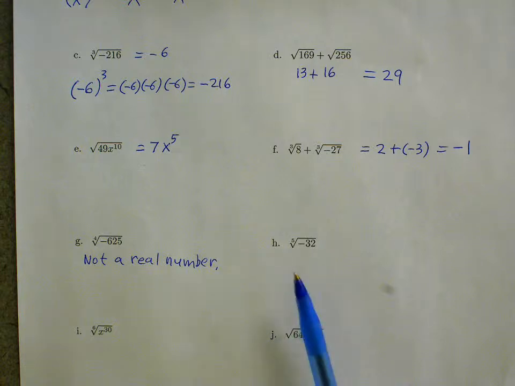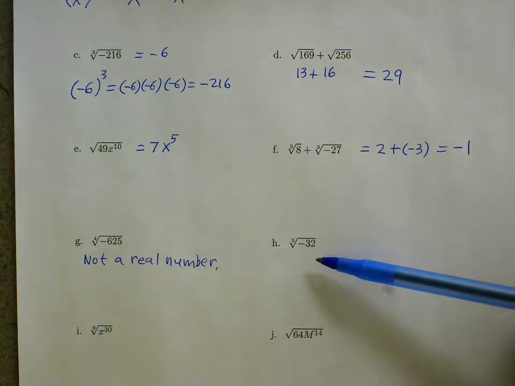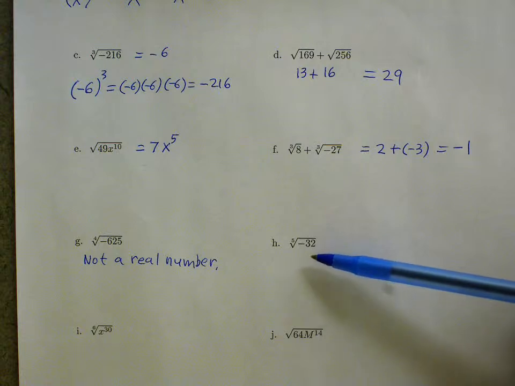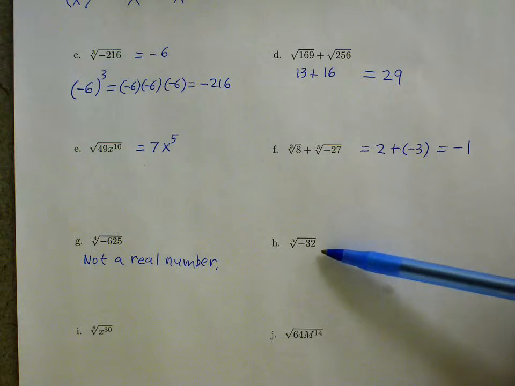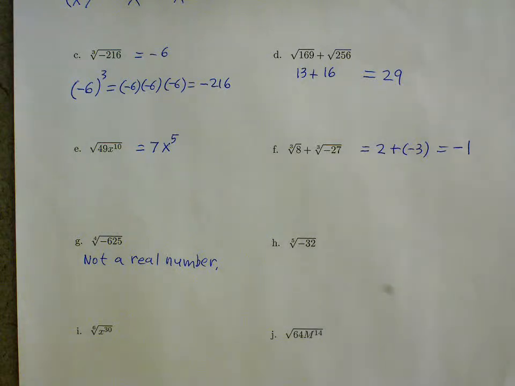Okay, in part H, we have the fifth root of negative 32. In this radical, the index is 5, which is an odd integer, and the radicand is negative. So this number is a negative real number.